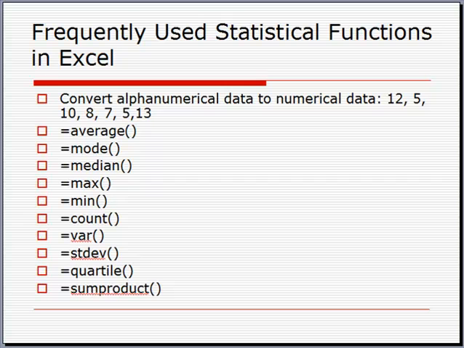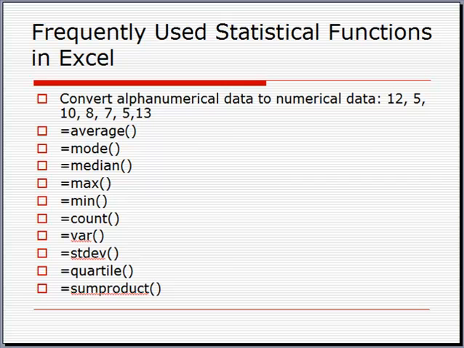However, before you can do all the calculation, we need to change alphanumerical data, which you copy from Microsoft Word or PowerPoint, into numerical data in Excel, so Excel can perform all data analysis.